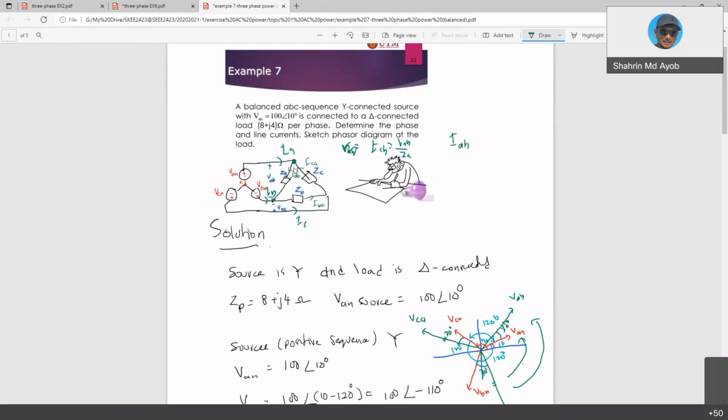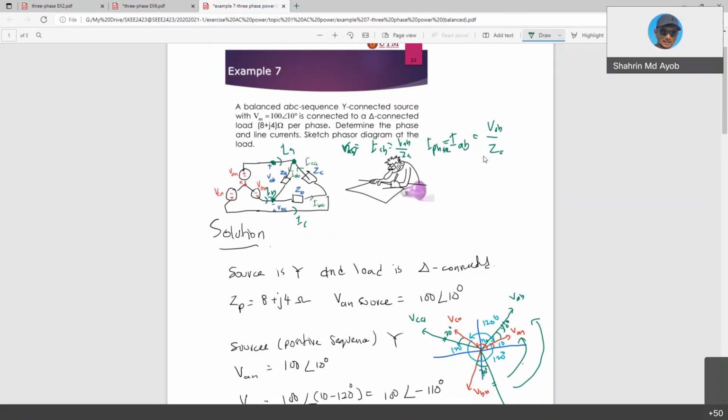To calculate your IAB, you need to obtain the voltage across the impedance. The voltage across the impedance is VAB, and the impedance is ZA. So that's why for IAB, I calculate using this formula. And IAB is your I phase.